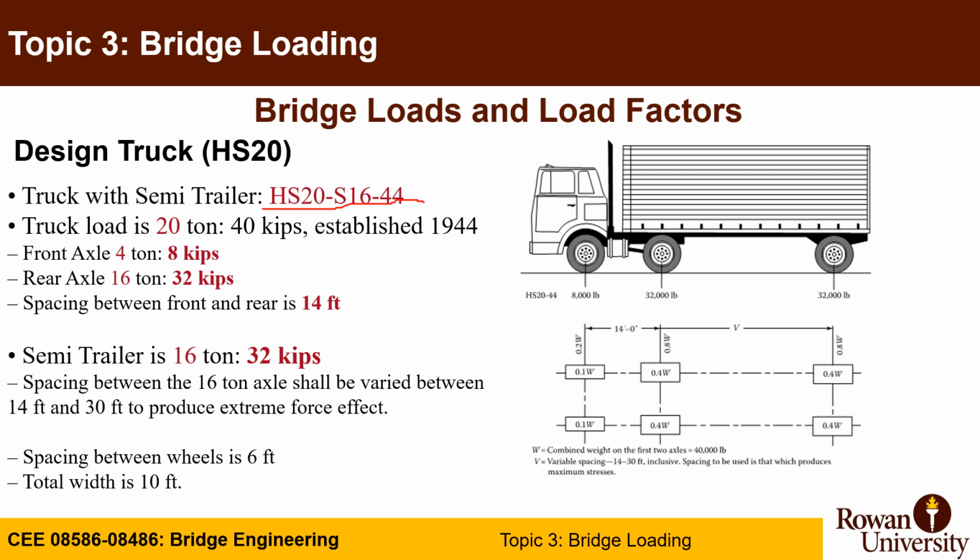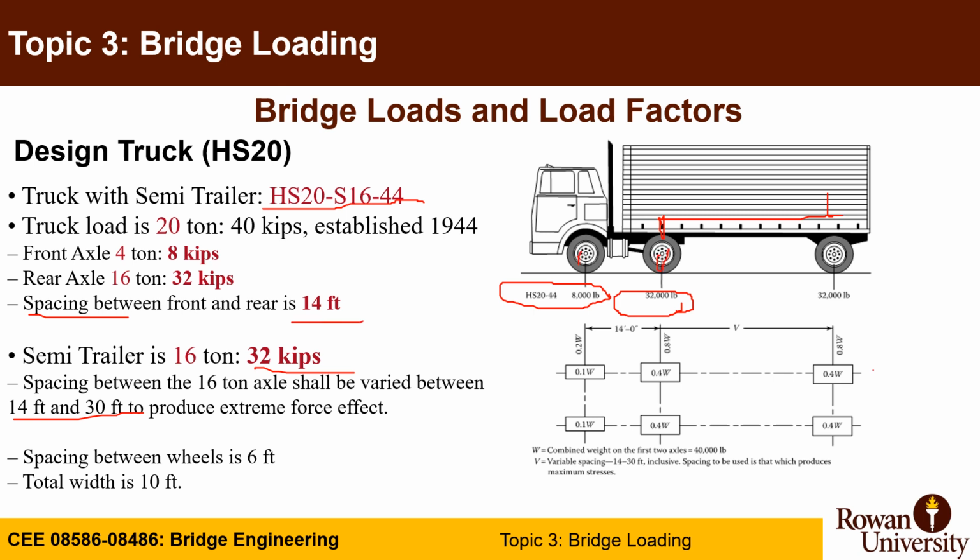That has to be a truck of front axle of 8 kips and rear axles of 32 kips, that is actually attached with a trailer of 32 kips at a distance of between 14 and 30 feet, while the distance between the front and rear axle, the first two axles, is 14 feet constant.